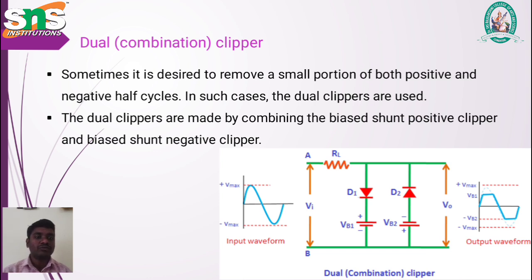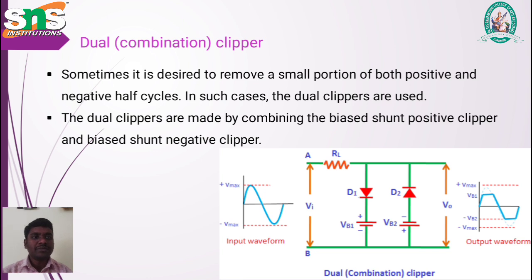How do we get the output? Sometimes it is desired to remove a small portion of both the positive and negative half of the cycle, and in such cases dual clippers are used for particular applications.